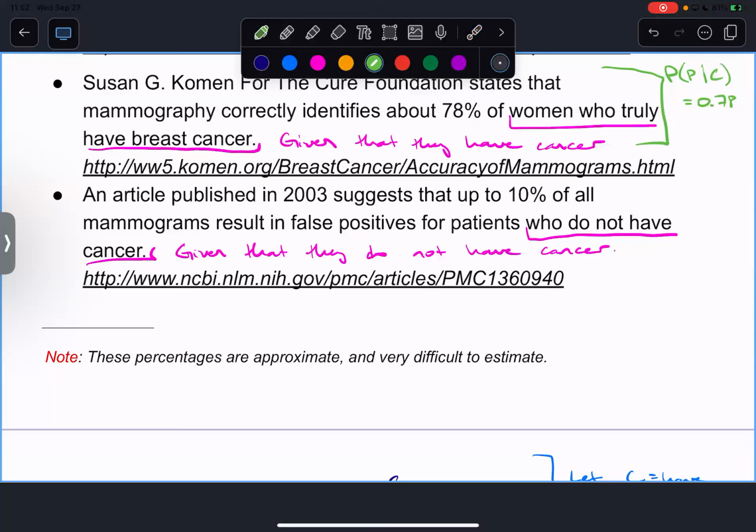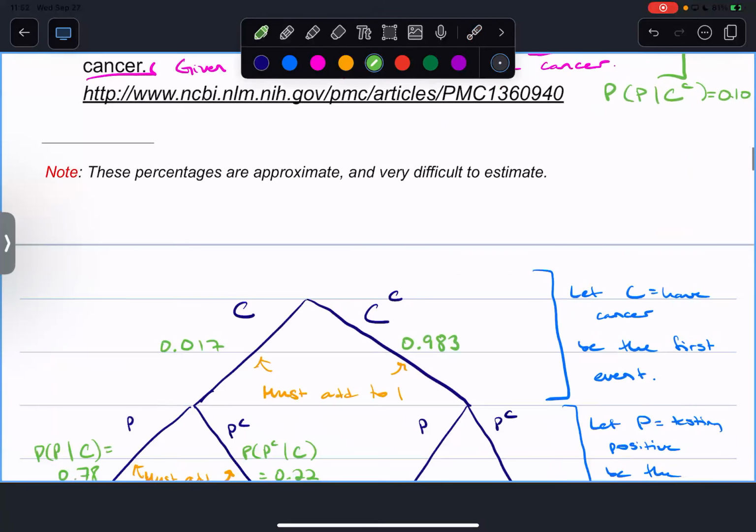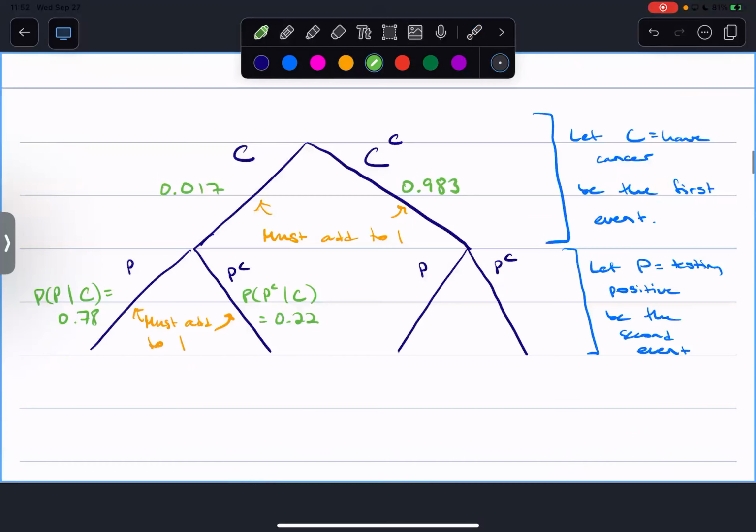This is the probability of testing positive given that they do not have cancer, which is 0.1.